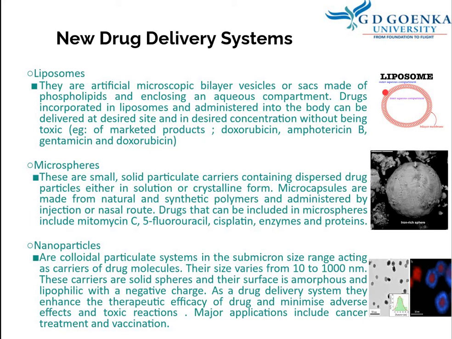Drugs can be incorporated in liposomes and administered into the body and can be delivered at the desired site and in desired concentration without being toxic. Examples are doxorubicin, this is an anti-cancer product, amphotericin B, gentamicin.